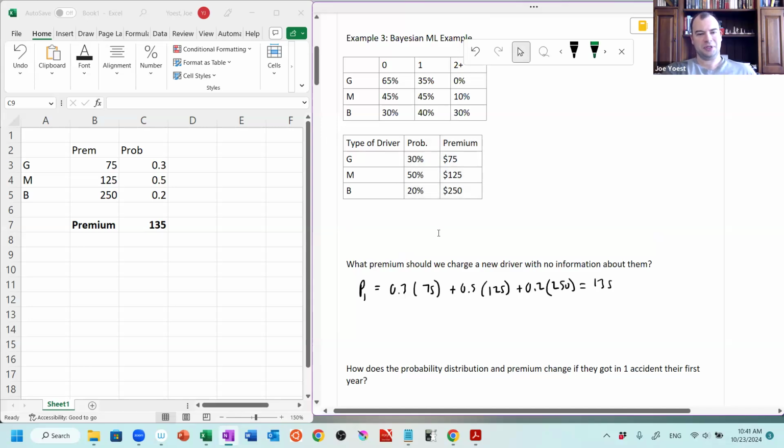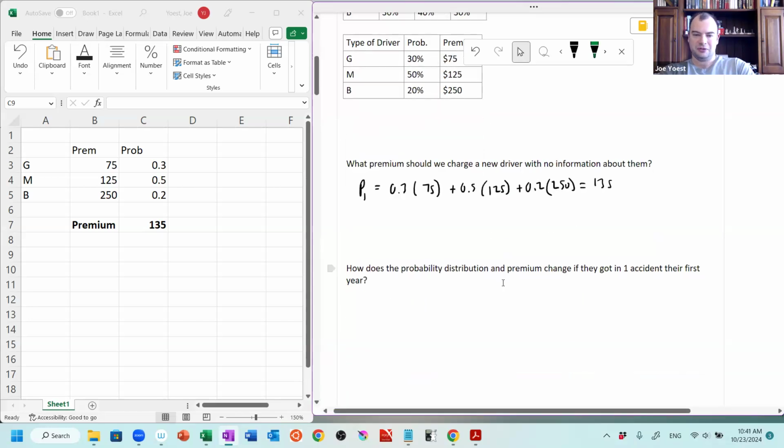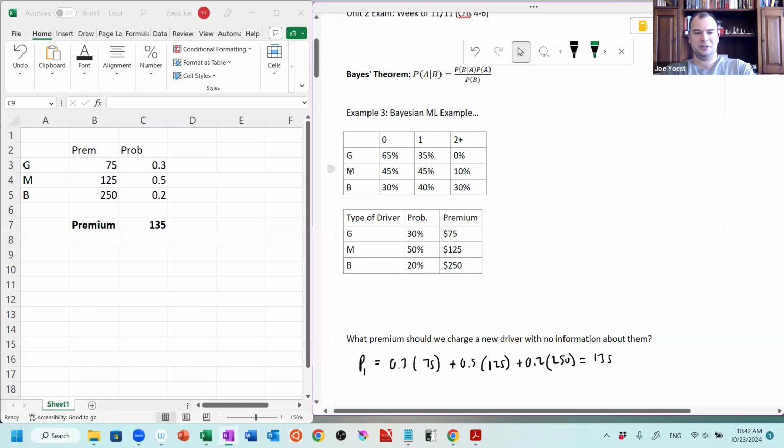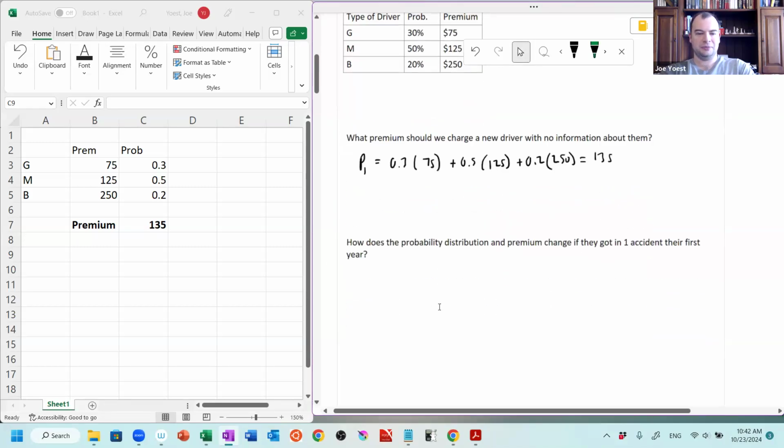We were kind of 30% confident they were a good driver, 50% confident they were moderate, 20% confident they were bad. We have a new piece of information: we've observed their behavior for a year and they got in one accident. And getting in one accident is maybe a little bit less like a good driver, maybe a little bit more like a moderate to bad driver. How does that extra piece of information update my probabilities?